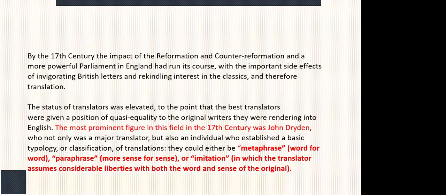Okay, so it's just like some side activity or assistant to the real writer, or to the bona fide writer who was the creator of material. The status was elevated to the point that the best translators were given a position of quasi-equality to the original writers that they were rendering into English.